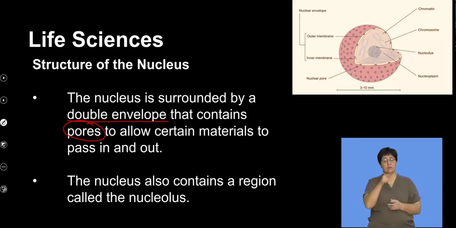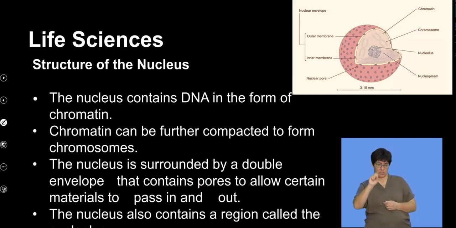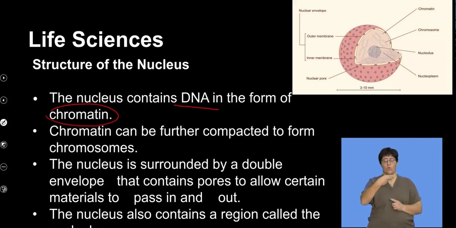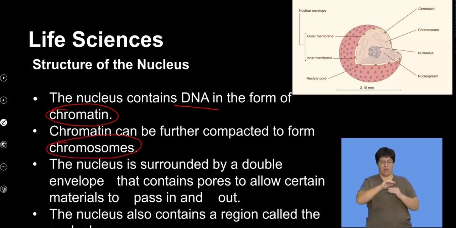The nucleus also contains a region called the nucleolus, which controls how the nucleus functions. The nucleus contains DNA in the form of chromatin, which is basically chromosomes wrapped around histone proteins in a very complex structure.